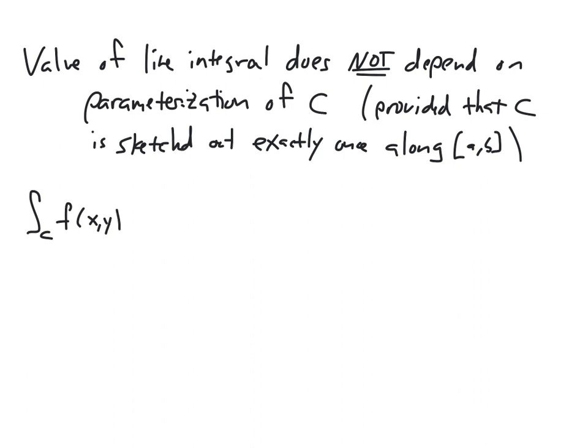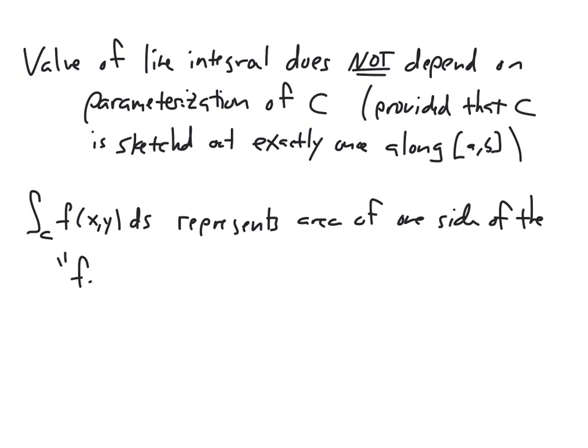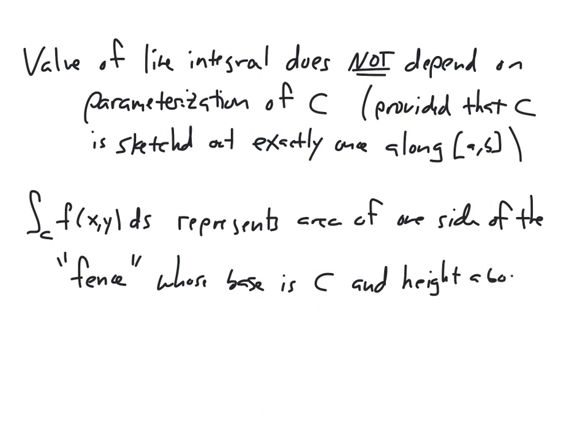And so the line integral of f of xy over C is going to represent the area of one side of what I'm going to call the fence, and I'll have a picture of this in a moment, whose base is the curve C, and the height of the fence above the point xy is the function value f of xy.